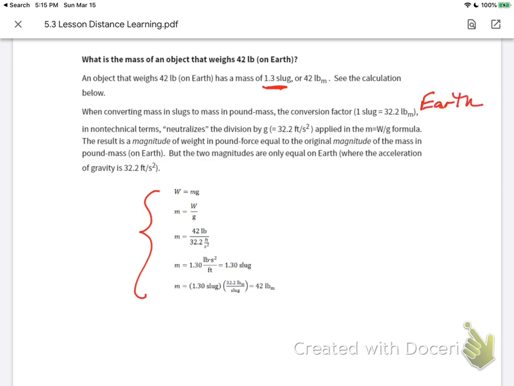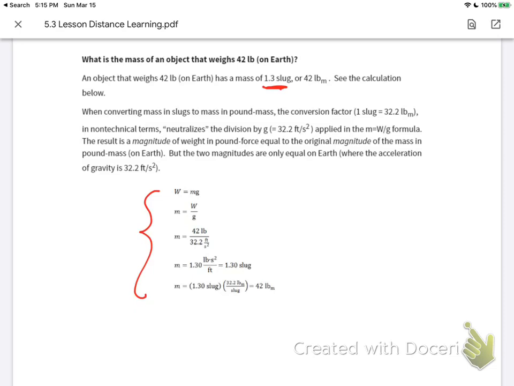Actually, it's always a conversion factor, but on Earth it has a special characteristic, which we'll go over in just a sec. In non-technical terms, having this conversion factor neutralizes division by g, which is the force of gravity.